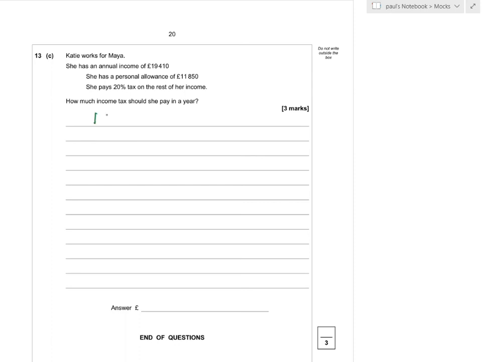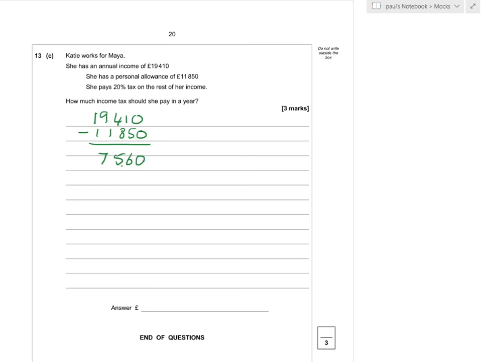So do the 19410, take away the 11850, and that equals 7560.